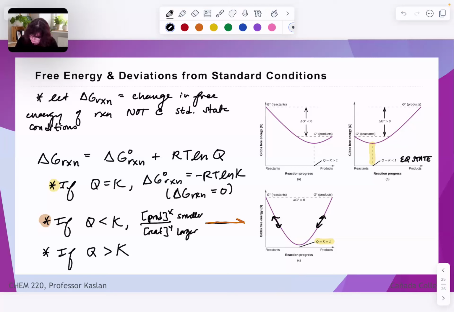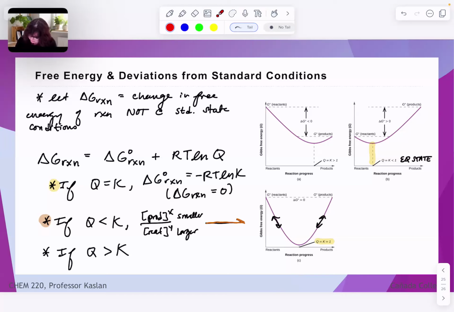All right, in order for us to achieve this shift right, we have to then increase the amount of reactants and then decrease the amount of products.